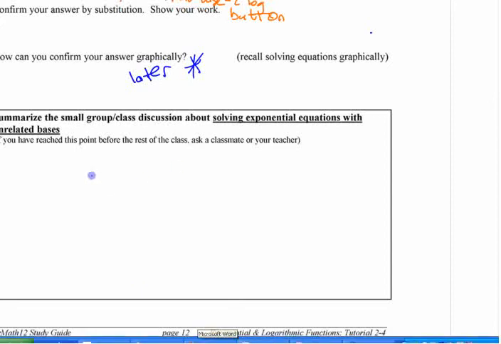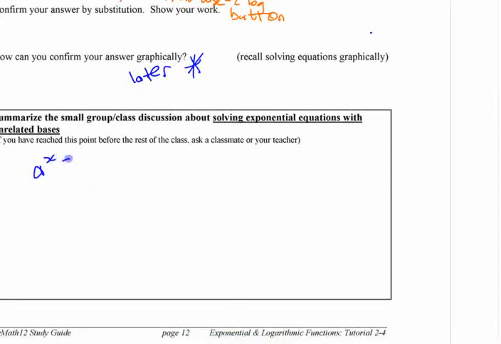In general, if you have a to the x equals b, solve by taking base 10 log of both sides.